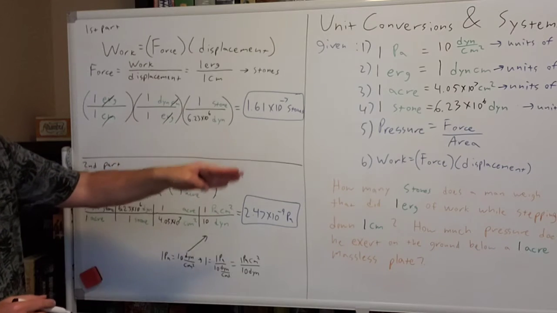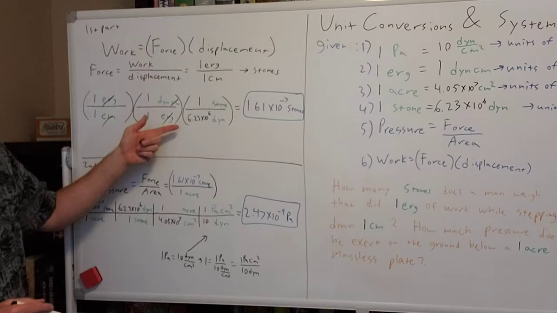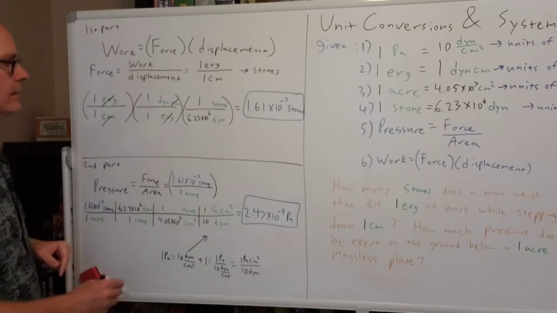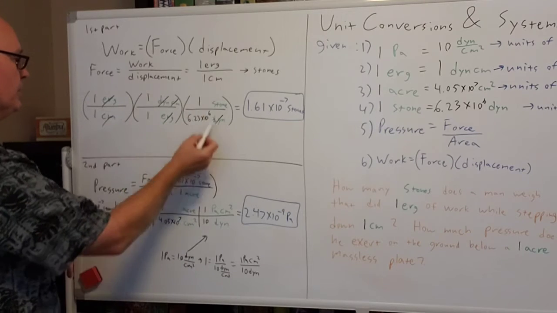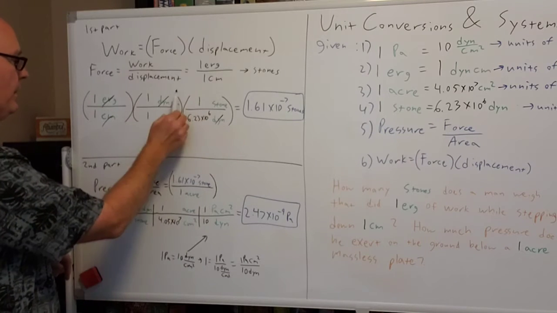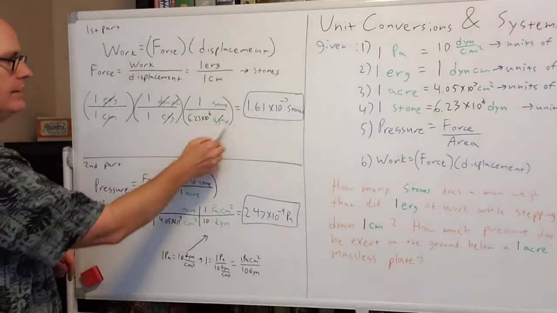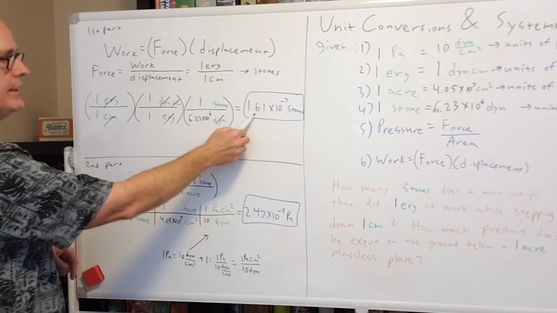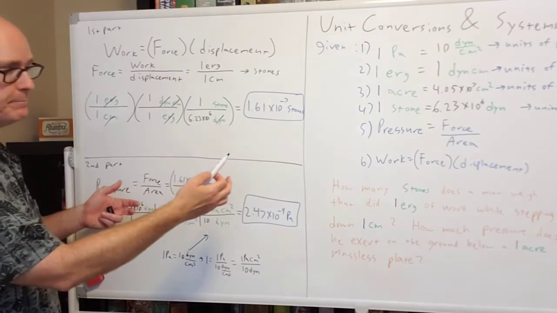Now I have my equation that 1 stone is 6.23 times 10 to the 6 dynes, which now cancels out my dynes. Multiplying all these ones, dividing by 6.23 times 10 to the 6 gives us 1.61 times 10 to the minus 7 stones. It's a pretty small man.